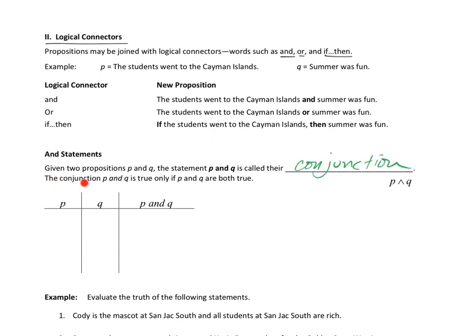The conjunction P and Q is true only if both P and Q are true. So we will set up a truth table that looks like this. For our P column, our P proposition, we have to set up two truths and two falses.